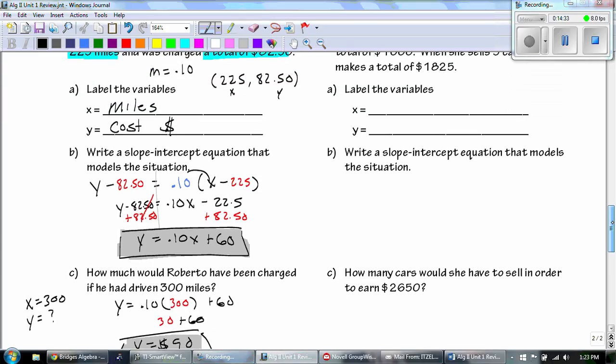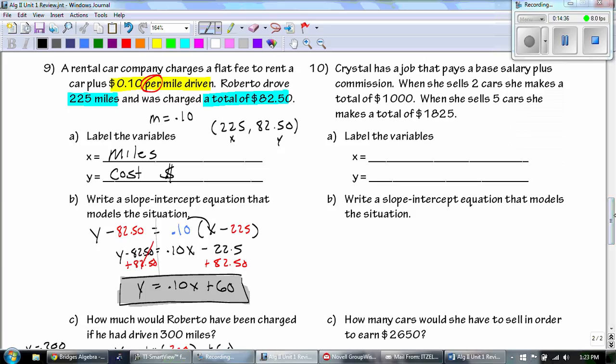Okay, so number 10. The first thing that I notice is there are 4 numbers. That means they gave us 2 points. So x is going to be my cars, and this is going to be my base salary plus commission, my paycheck, my total money.